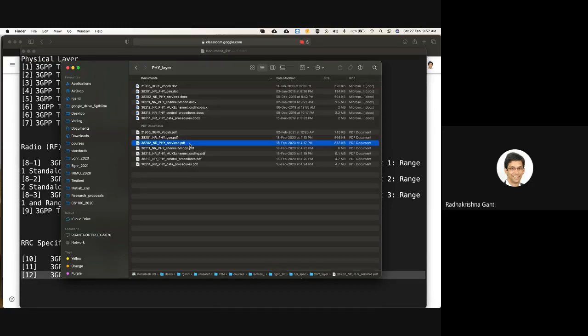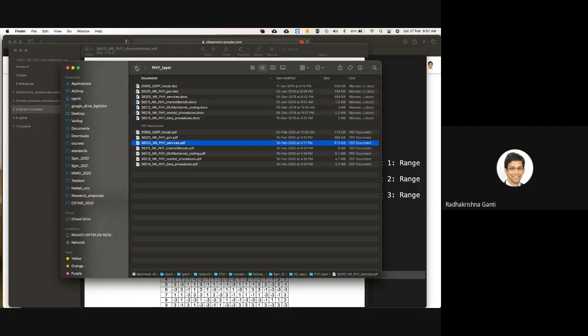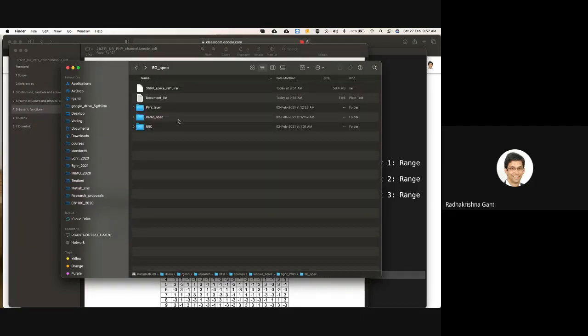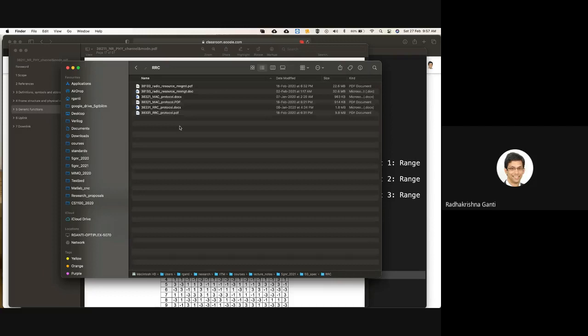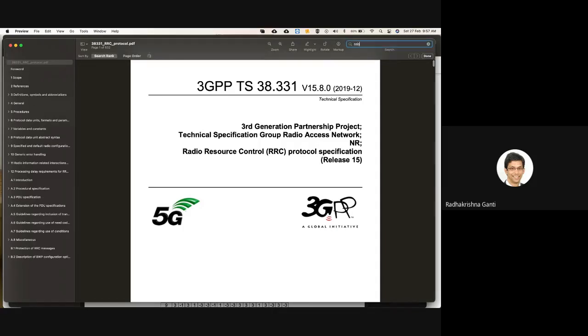And one thing that I'm going to do in a lot of places: for example, I'm just going to open up some document. So you should also have a good PDF reader, whatever it is. Adobe Acrobat is fine. RRC protocol 38331. So we're going to do a lot of searching, for example, SSB.